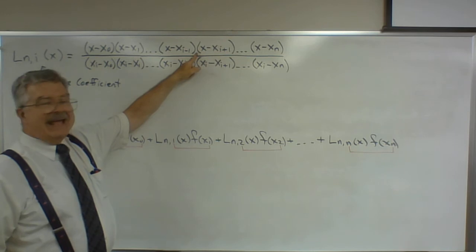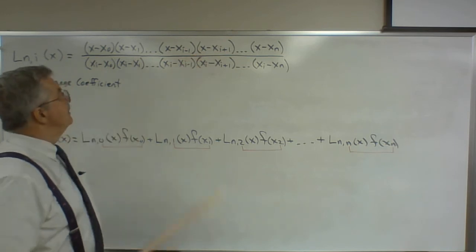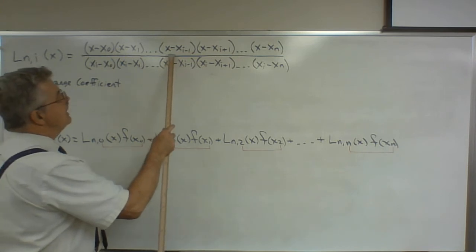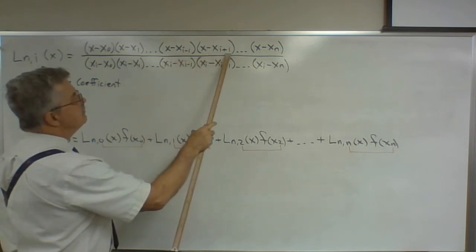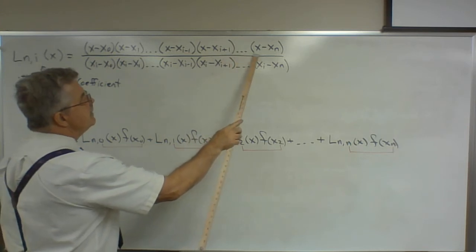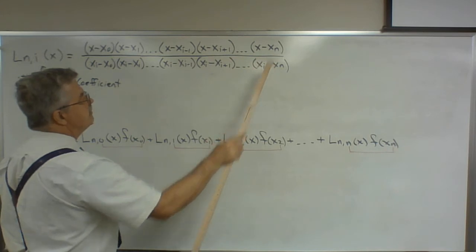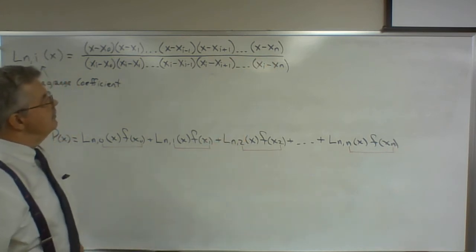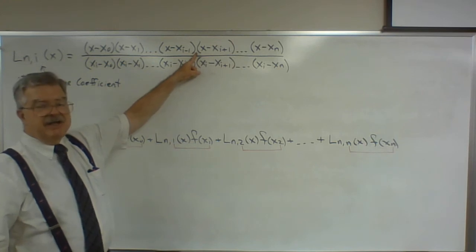We're missing x minus x sub i. It's not up here. We go from x minus x sub i minus 1 to x minus x sub i plus 1. And then we keep on going until we reach the end, x minus x sub n. So in the numerator, we're missing the factor x minus x sub i.